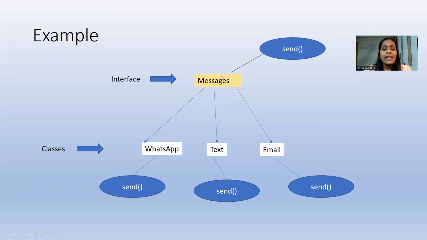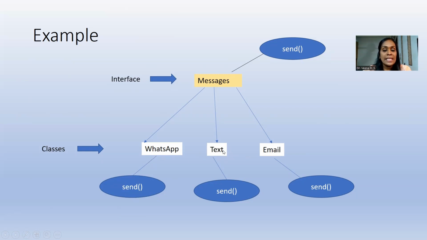So you cannot create an object of messages because messages is of which type? It's an interface type. But definitely you can create an object of WhatsApp, you can create an object of text, you can create an object of email. And in all these three objects, there is their own description or internal implementation of the send method of the respective class.